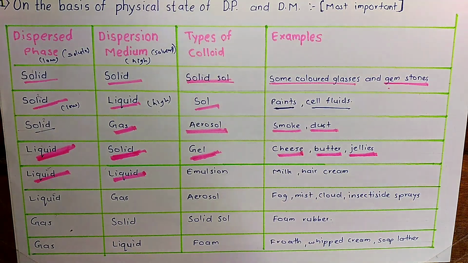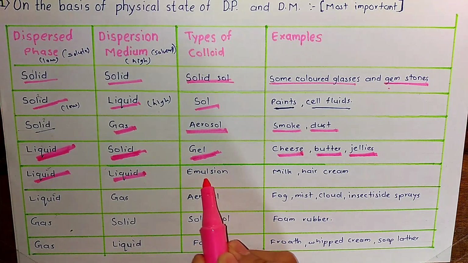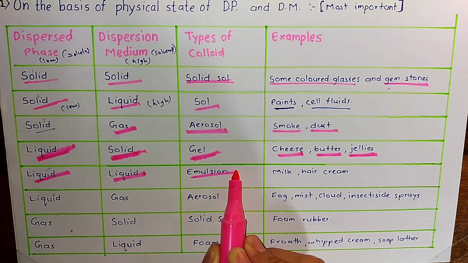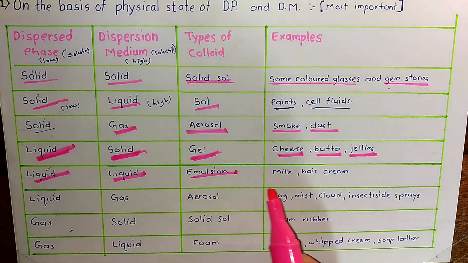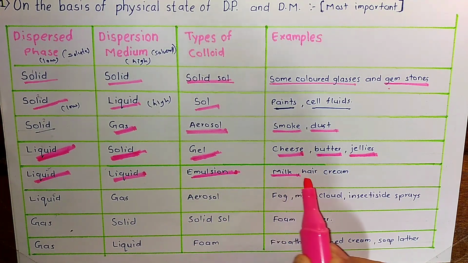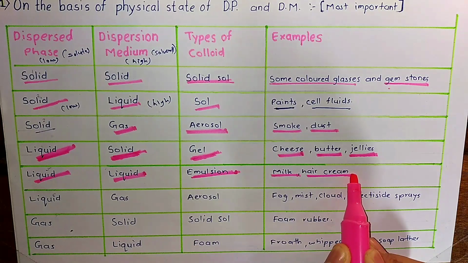We are mixing two liquids in one beaker and a colloid is formed. This is the example of emulsions. The type of colloid becomes emulsion, and examples are milk and ice cream.